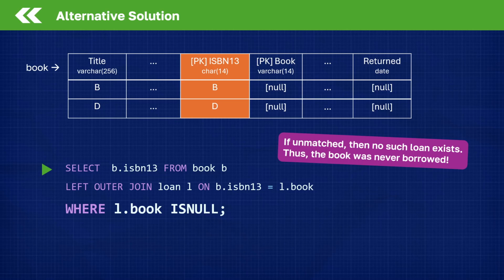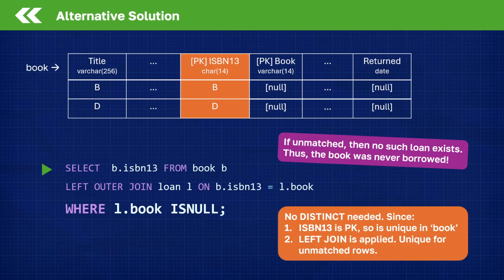So if we only select those with the null values, each book will occur exactly once. By default, ISBN13 is already the primary key, so no distinct is needed. Although there might be multiple ISBN13s in the resulting join, when we filter only those with null loan book values, it will still be unique. So it's okay. Any questions?